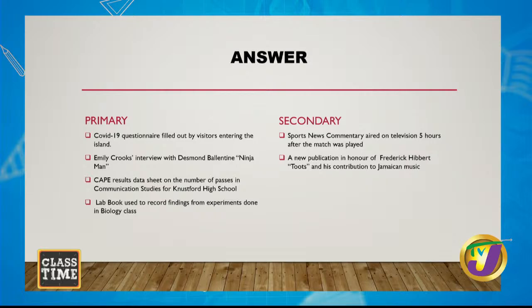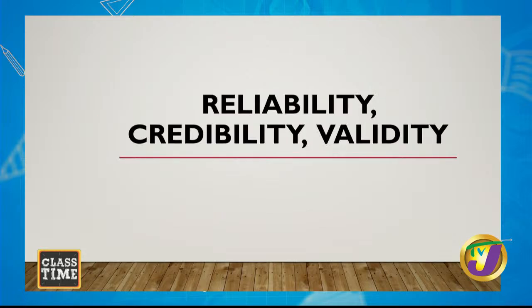Right, that's your experiment, so that's primary. And for the secondary sources, the sports news commentary and, of course, the publication, the book, in honor of Toots. I'm sure you all got them correct.